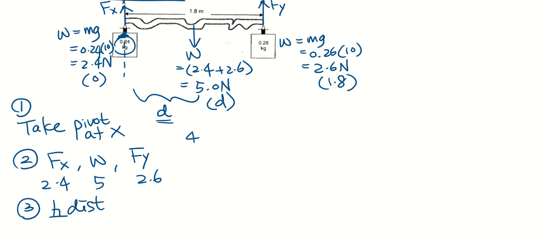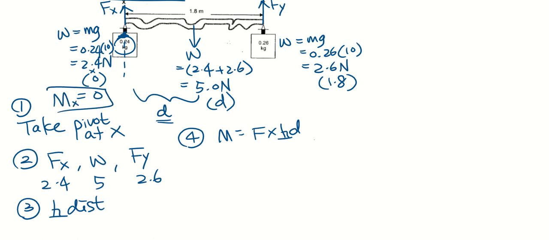Step 4, moment equals force times perpendicular distance. If I take 2.4 multiplied by 0, you will get 0. So the moment of X is 0. Moment of the weight equals 5 times D, so it is 5D.